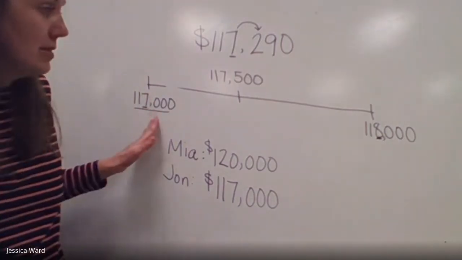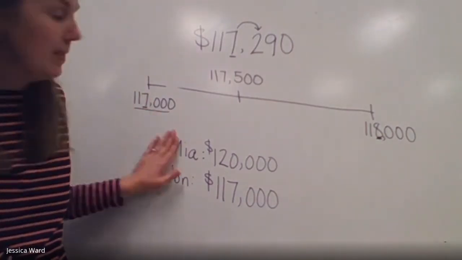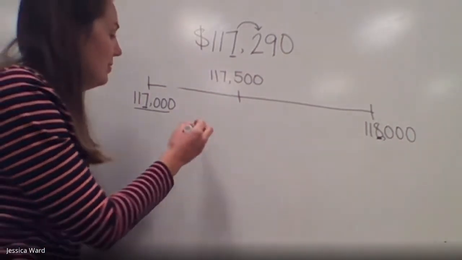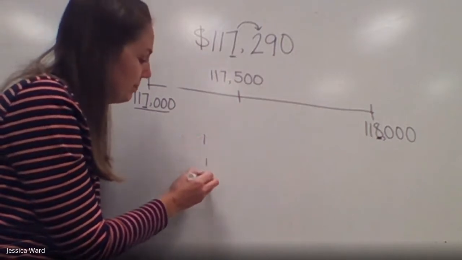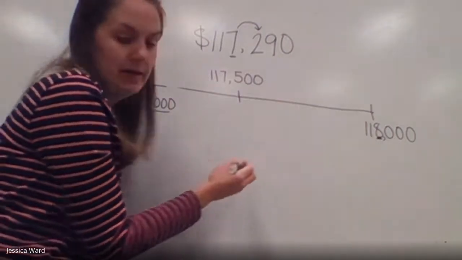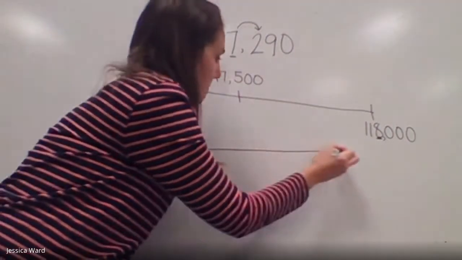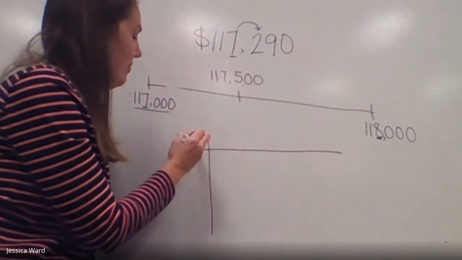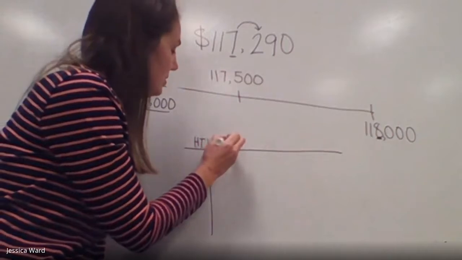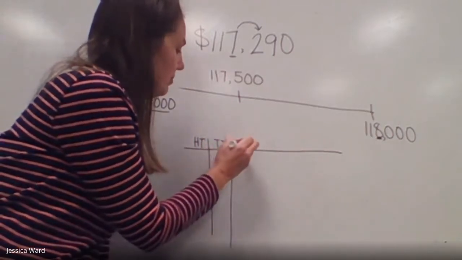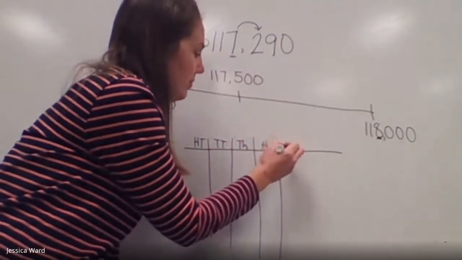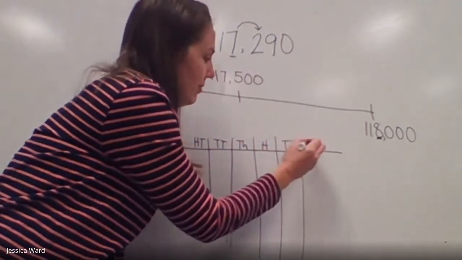So they have a similar thing that we did up here, but instead of writing it on a number line, they've written it out in terms of place value. They have a column for 100,000, a column for 10,000, a column for 1,000, a column for 100, and a column for 10 and a column for 1.